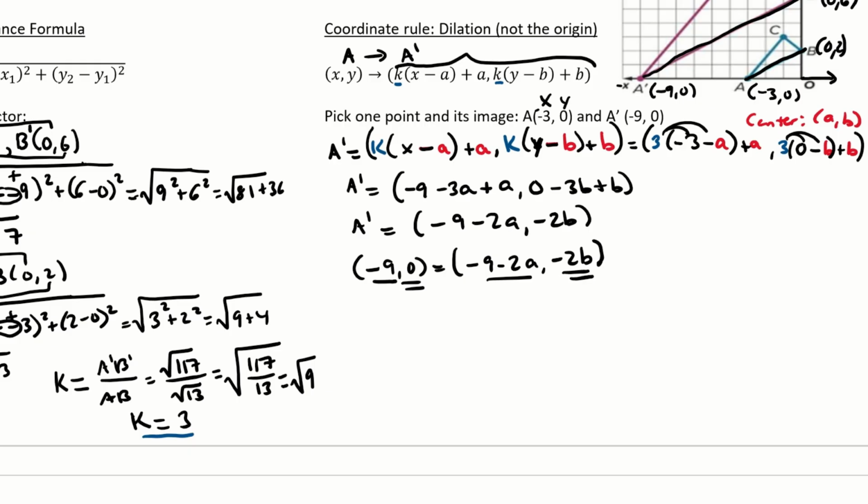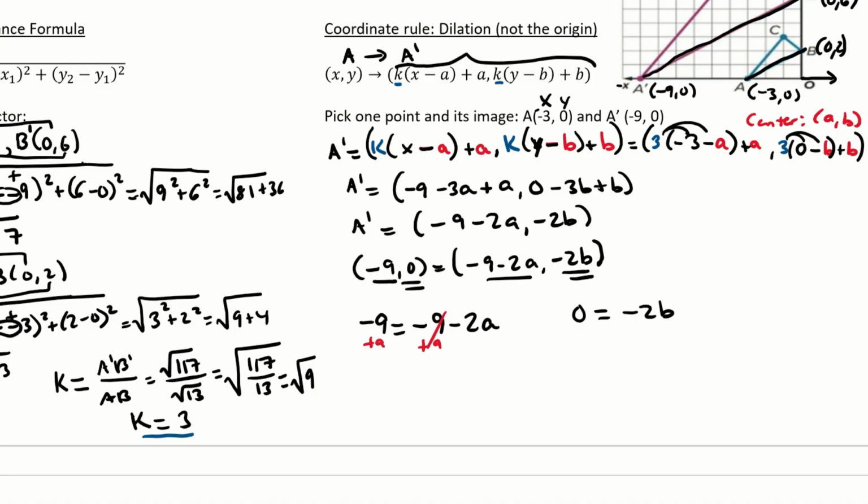So we have ourselves two equations. Our two equations are negative 9 equals negative 9 minus 2a, and then our other equation is 0 equals negative 2b. All right? So now we're going to solve this equation. Okay, so how do we solve it? We're going to add 9 to both sides here.